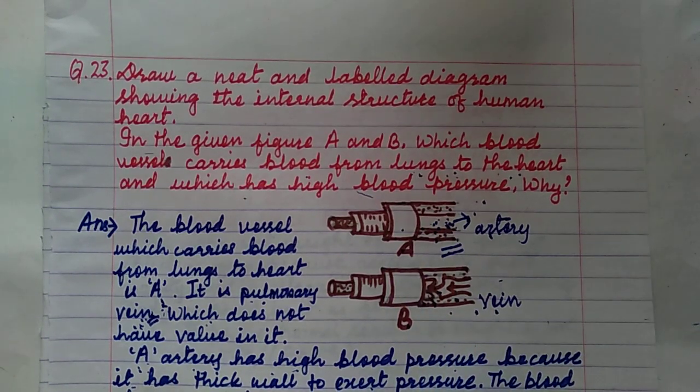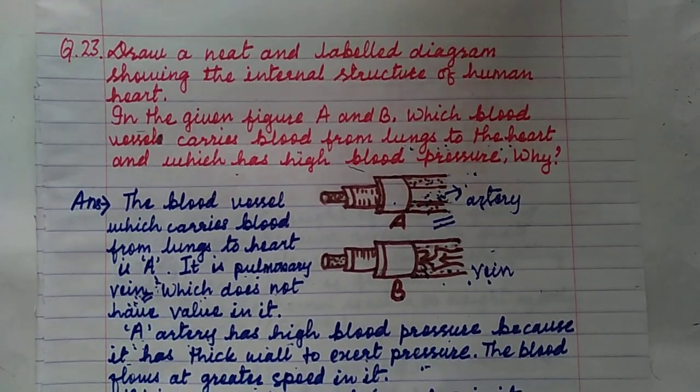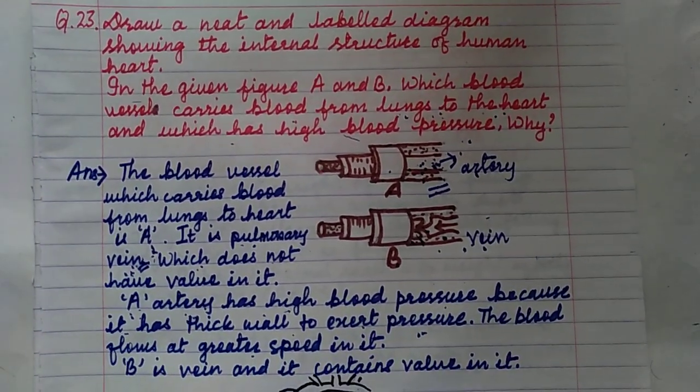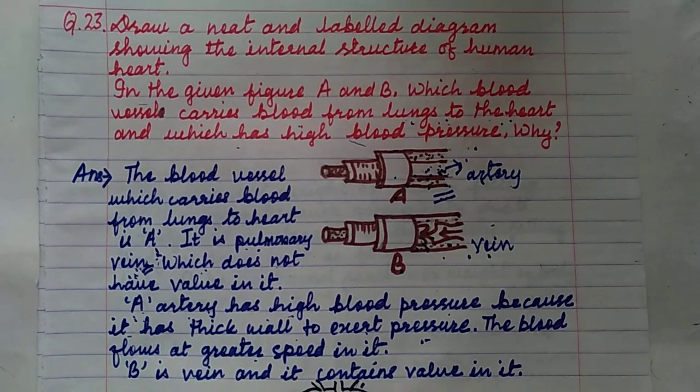Whereas a vein has a thin wall because blood flows in it at a slower rate. Since blood flows slowly, there are chances of backflow of blood, so to prevent backflow there are valves. So this is your answer.